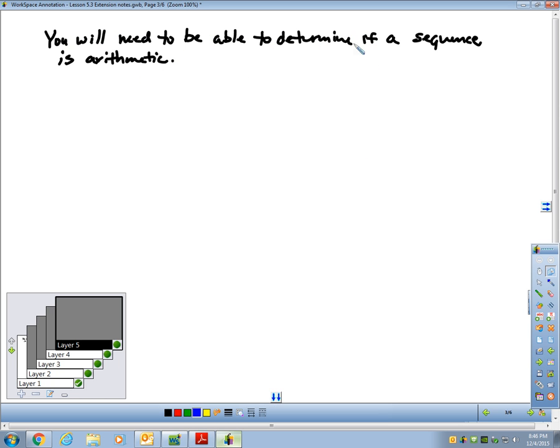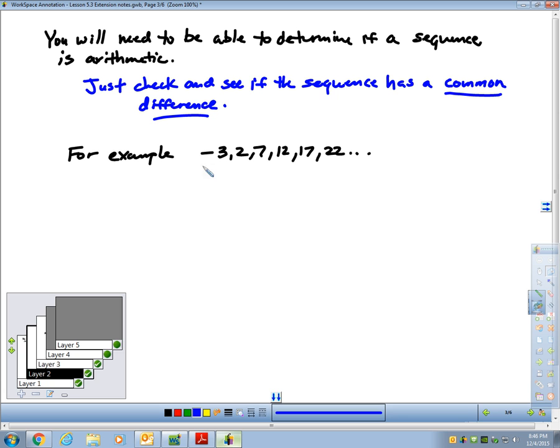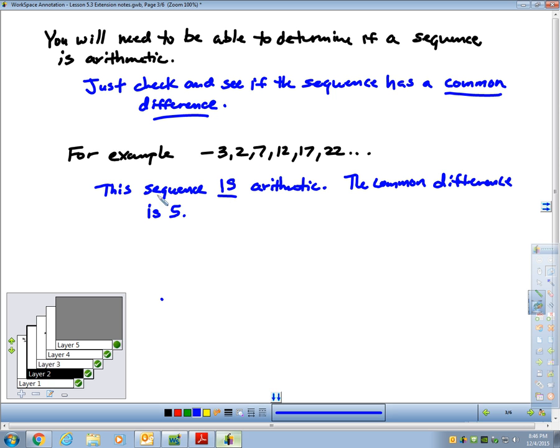You're going to need to be able to determine if a sequence is arithmetic. All you need to do is check to see if the sequence has a common difference. For example, if I had the sequence negative 3, 2, 7, 12, 17, 22, I have to see, does this have a common difference? This sequence is an arithmetic sequence.